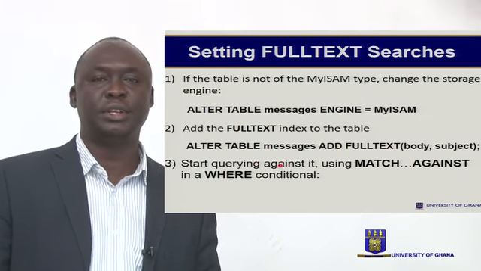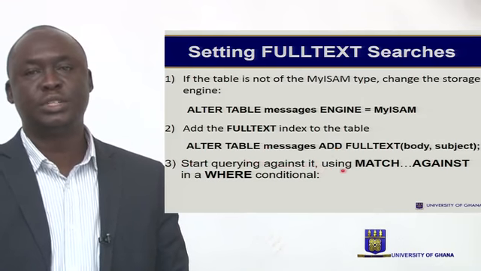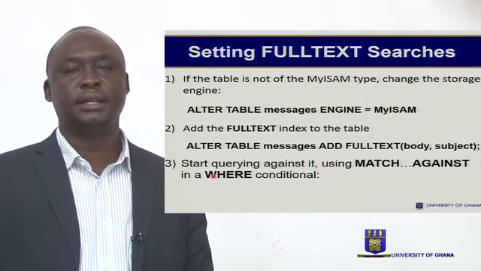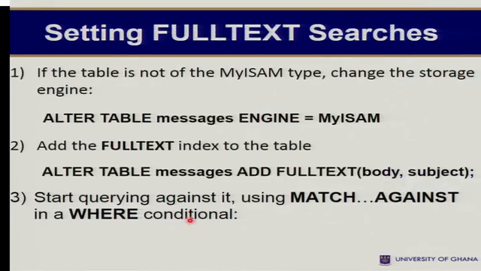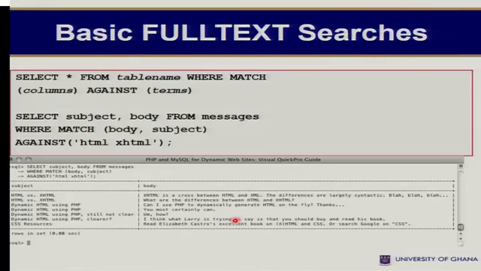So we start querying against it using the MATCH AGAINST in a WHERE conditional clause. So this is the syntax of using the full text on our table. SELECT * FROM table WHERE you specify the keyword MATCH, then you specify the columns that have been indexed, against the terms you want to search.